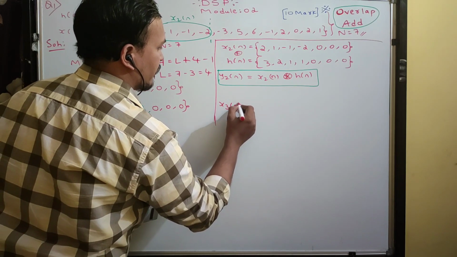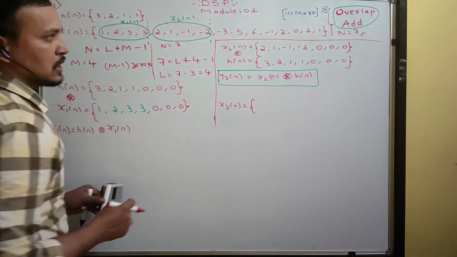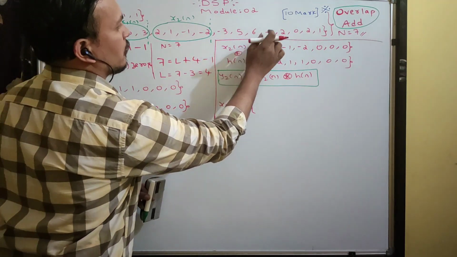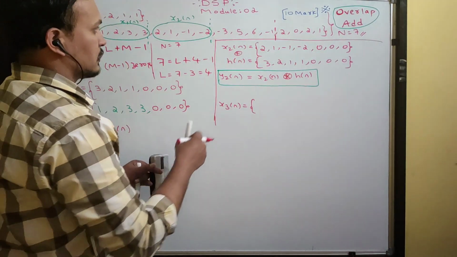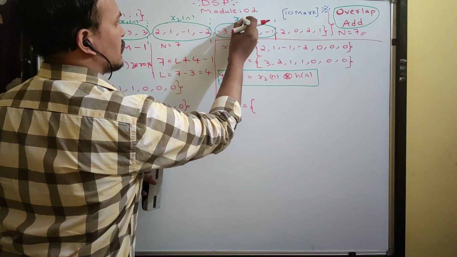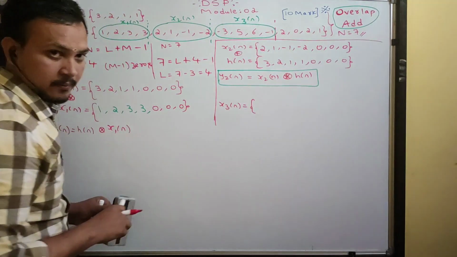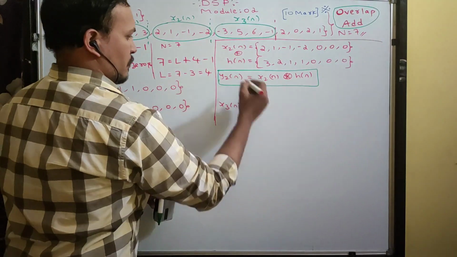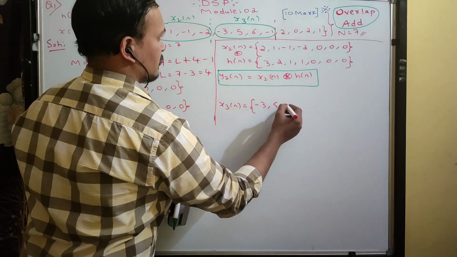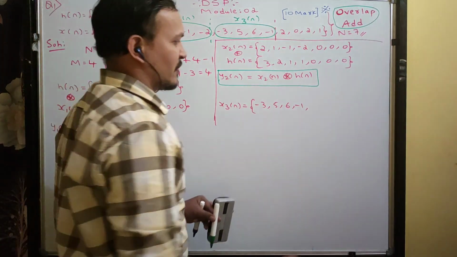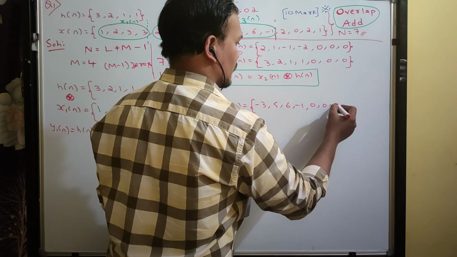Now take x3 of n. Take another 4 samples: 1, 2, 3, 4. Now I am taking the samples. 4 samples you should take. That is x3 of n, the third block: minus 3, 5, 6 and minus 1. How many zeros you should add? M minus 1 zeros, that is 3 zeros.